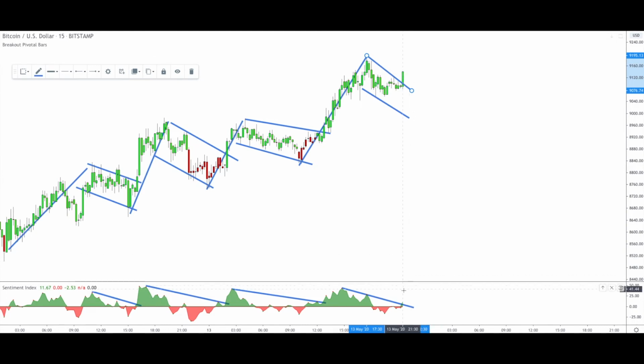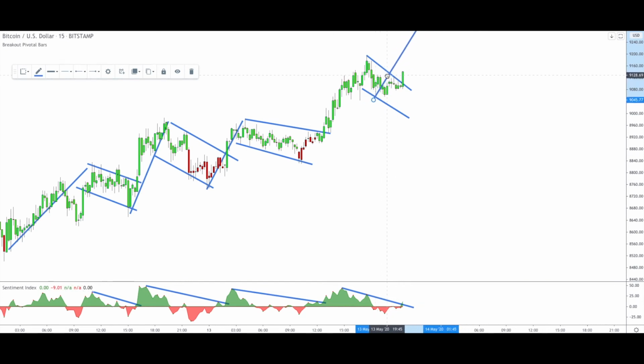And as you can see, also the sentiment index broke up our trend line, so it means that there is a very bullish impulse to the upside. So we are expecting another impulse to the upside of the same length of this one.